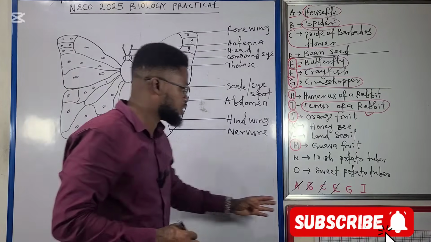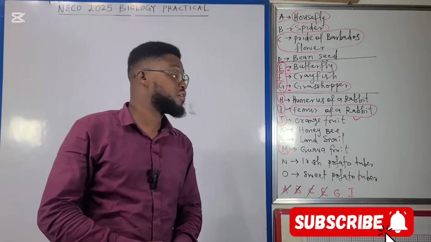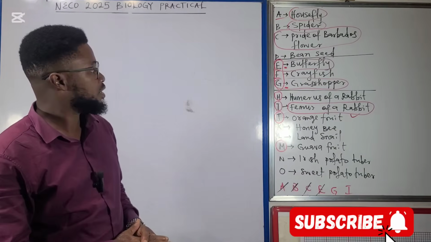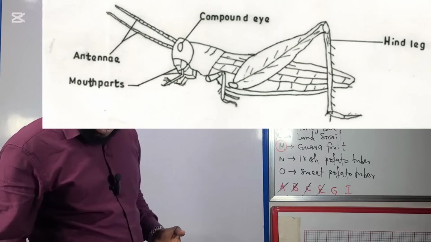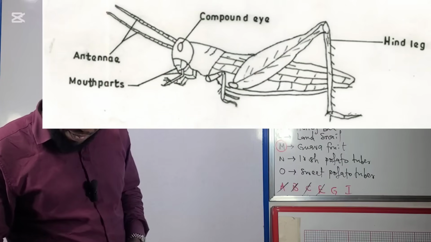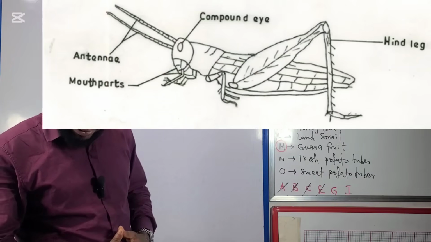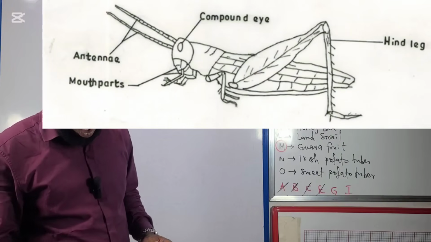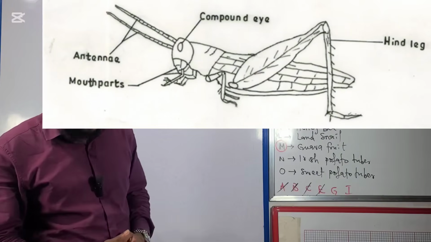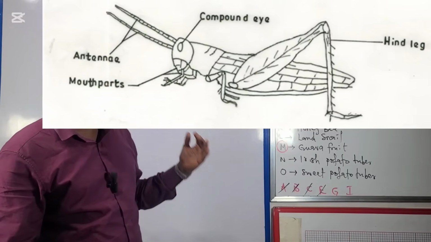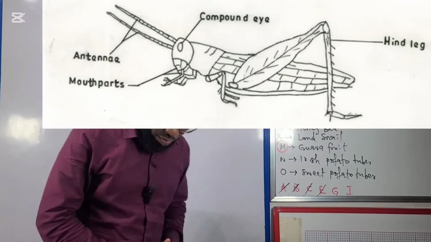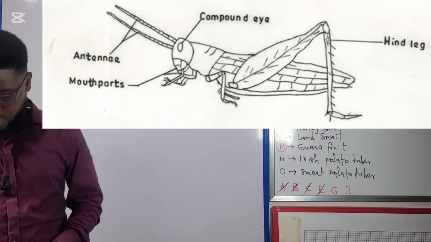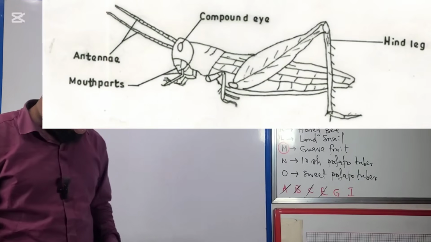So we've dealt with 4. Moving on, next up is specimen G. Imagine having a question that says, make a drawing 8 centimeter to 10 centimeter long of specimen G and label fully. Specimen G is a grasshopper. You can see on your screen what you are going to be drawing, what you're going to be labeling.